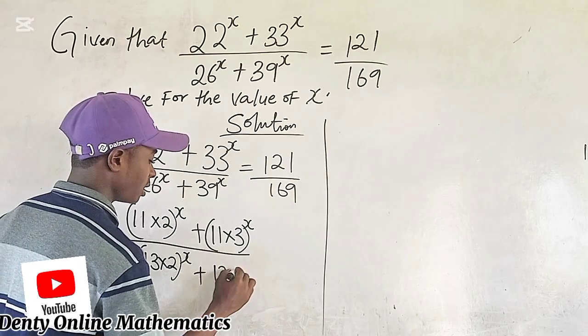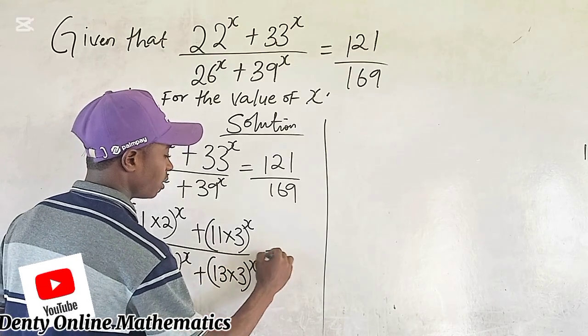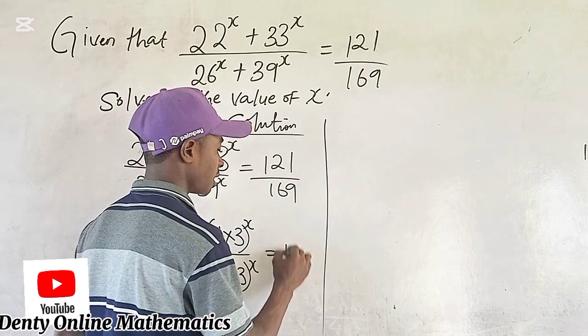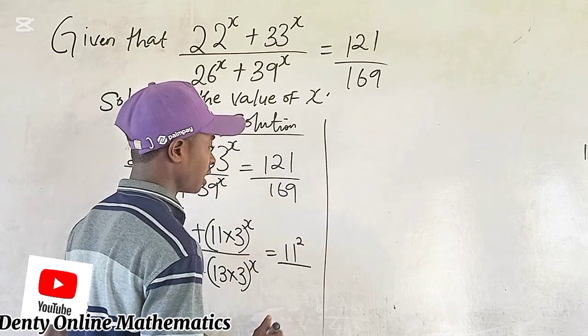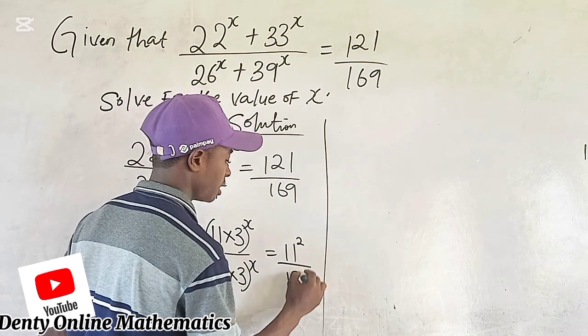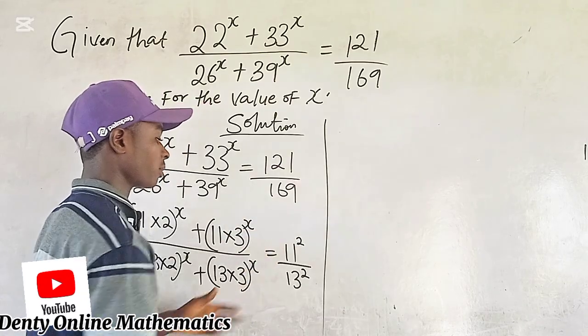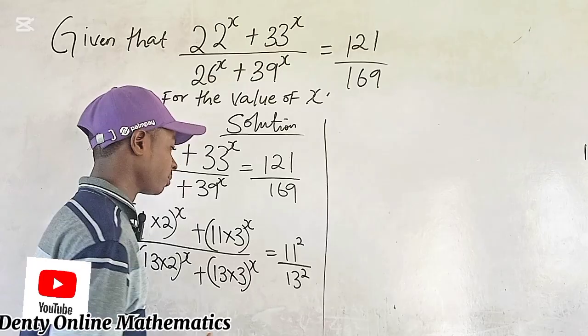So it will be 13 times 3, all raised to the power of x. All of this is equal to 121, which can be expressed as 11 squared, while 169 can be expressed as 13 squared. That means 11 times 11 will give us 121, and 13 times 13 will give us 169.